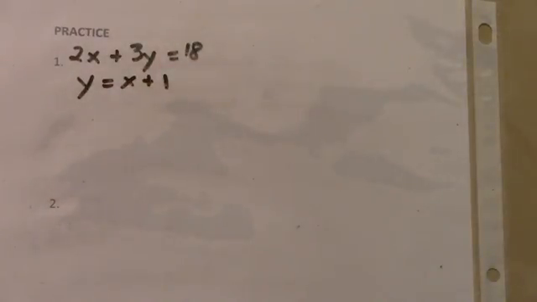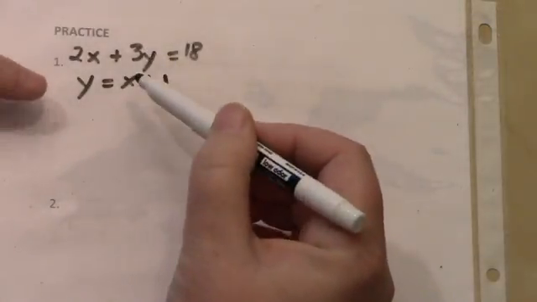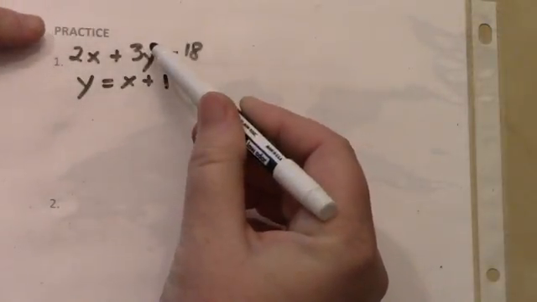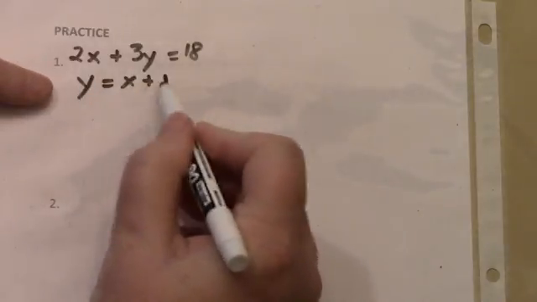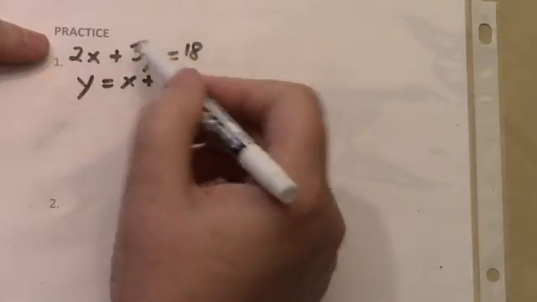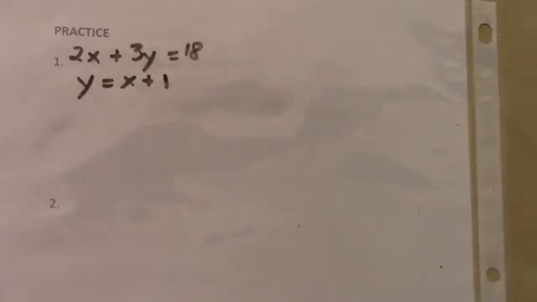Well, now I can take this equation and put it in here, or I can take this equation and put it in here. Because this one is already set up for us, y is by itself. If I wanted to use the other one, I'd have to rearrange numbers and do math stuff. The second equation is already set up for us, so we're going to use that one.